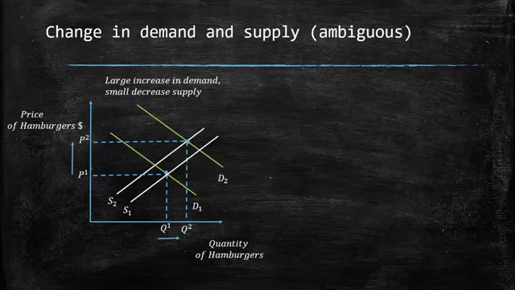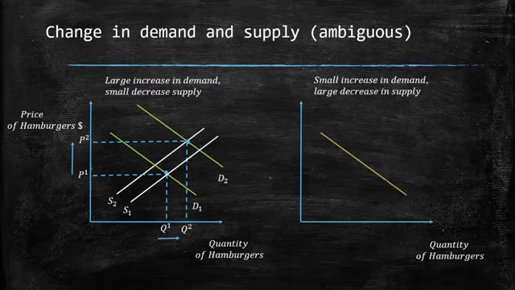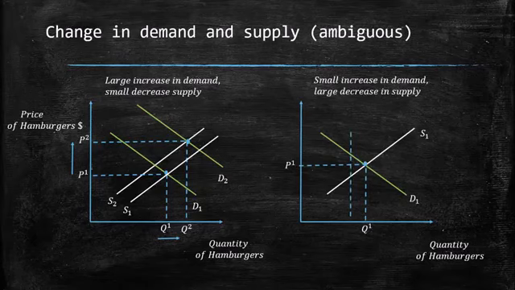Why do I show that? Because when there are the same changes, but there is a small increase in demand and a large decrease in supply, it is going to change definitely differently. In this case, we have the quantity of hamburgers here, quantity one and price one. But as I said before, there is a large decrease in supply.